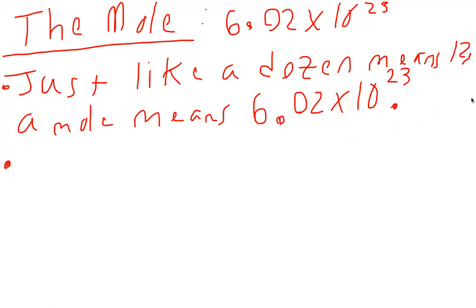Every element on the periodic table, take carbon for instance, carbon is atomic number 6, but it has a mass number of 12.